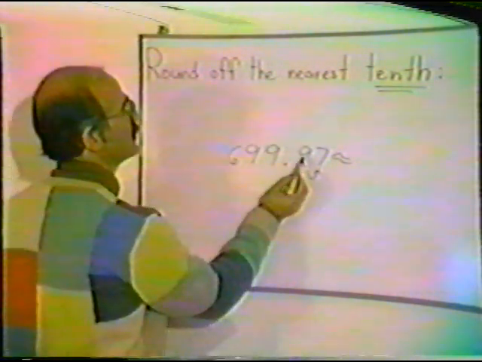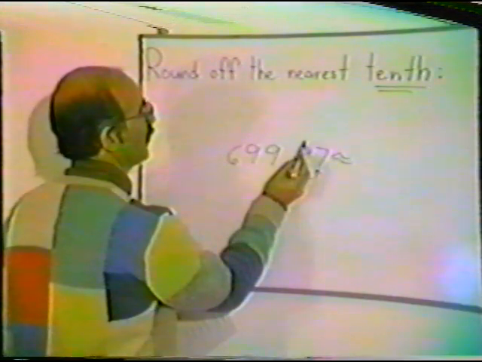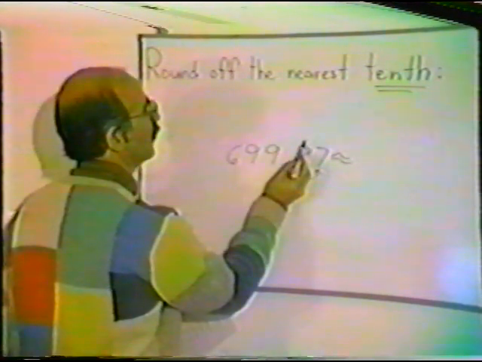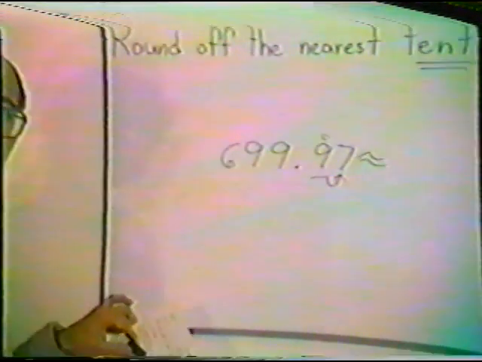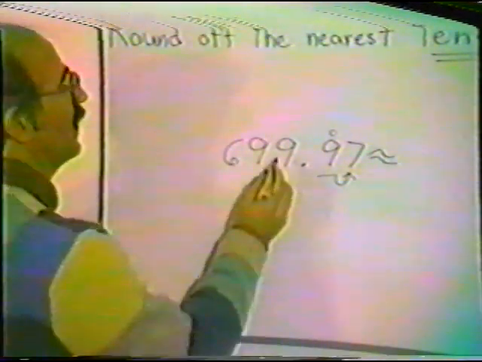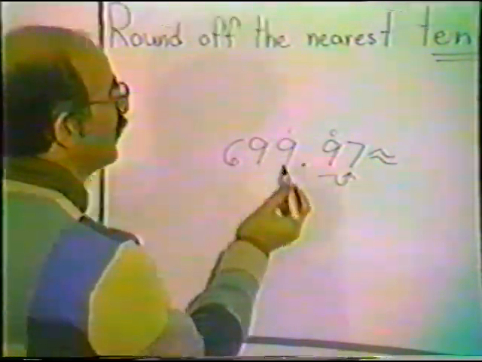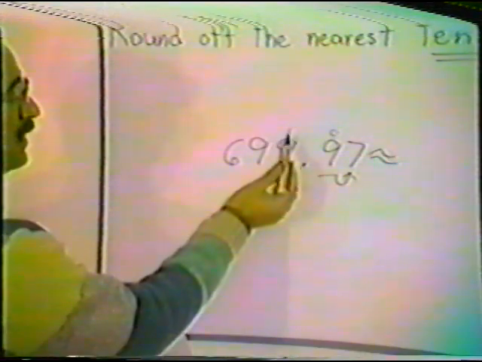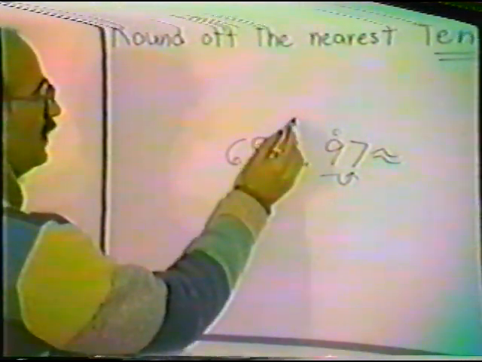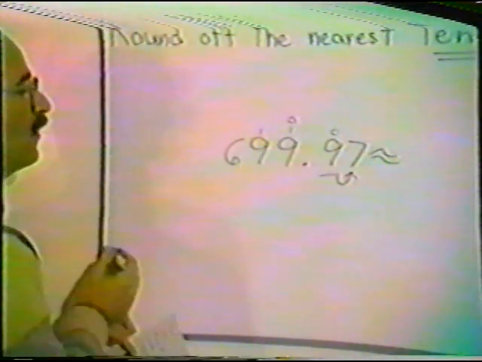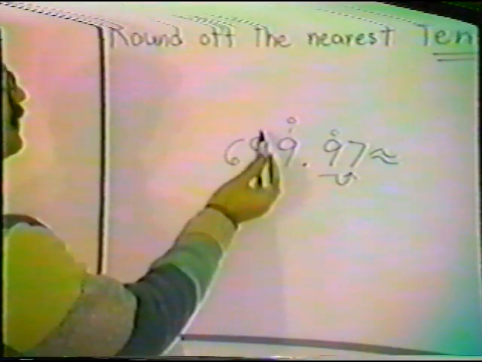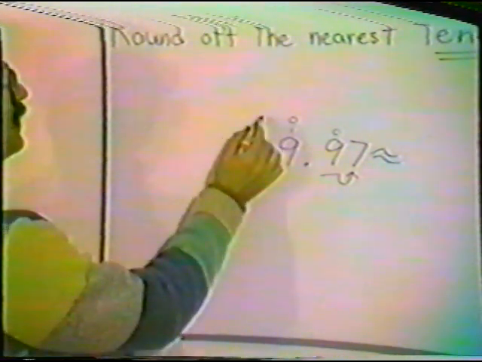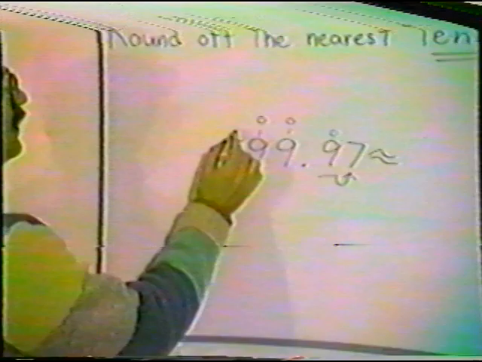And it becomes? 0. Yes. Well, we say it goes from 9 up to 10, and we have to carry the 1. Now we have 9 plus 1 is 10, and we have to carry the 1. And 9 plus 1 is 10, and we have to carry the 1.